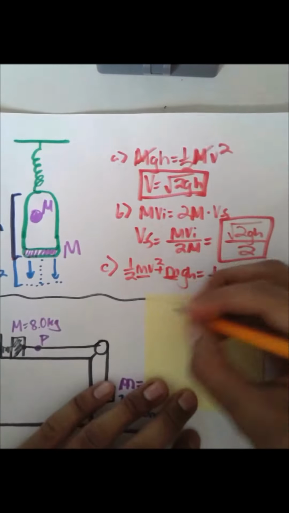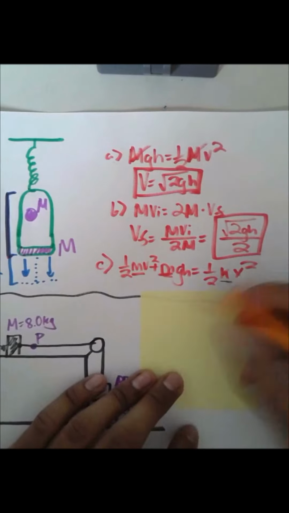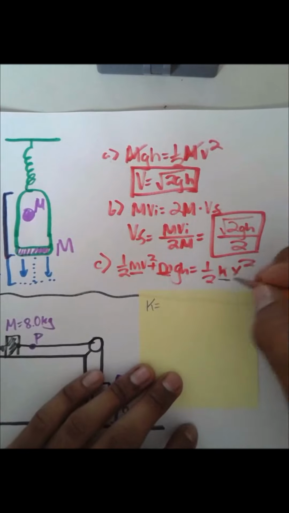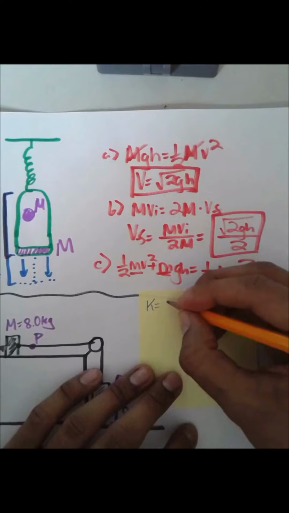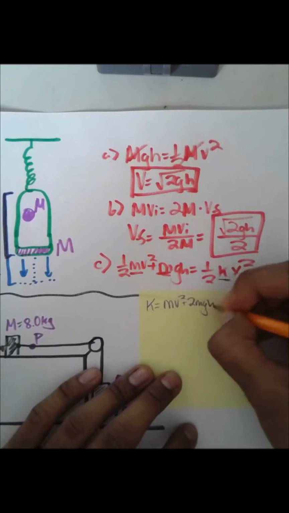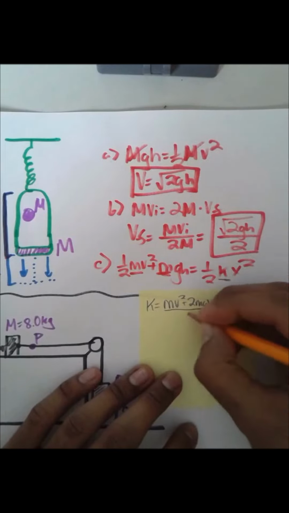Okay, so we want to solve for k. So k is equal to, we're going to multiply everything on the other side by 2, so, oh man, it's a lot of algebra: 2mv squared plus 2mgh. And then we also want to get rid of this x squared, so we'll put it all over x squared.